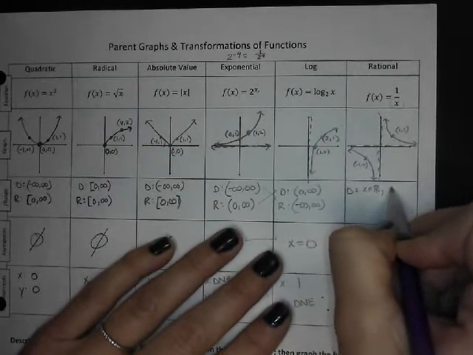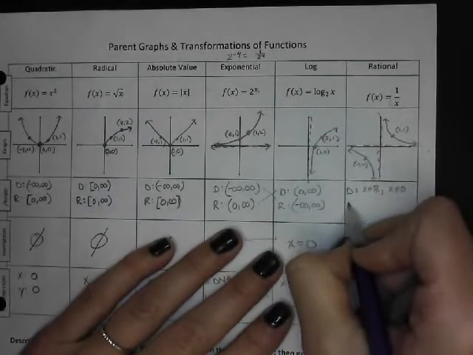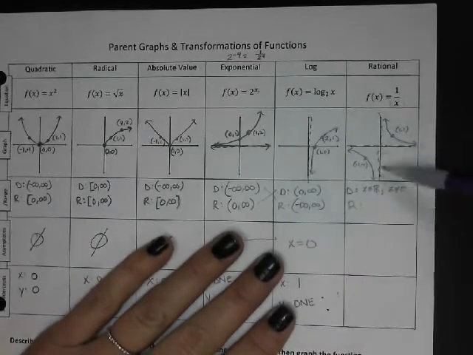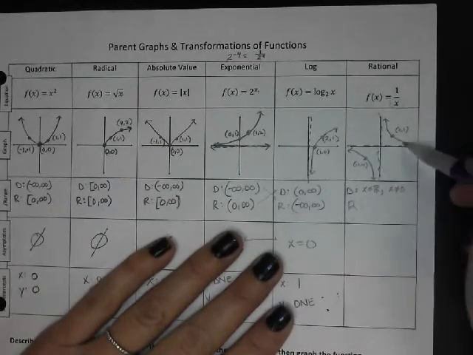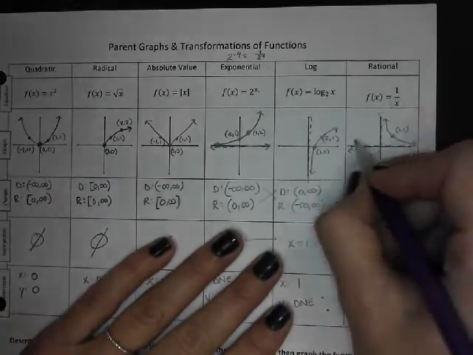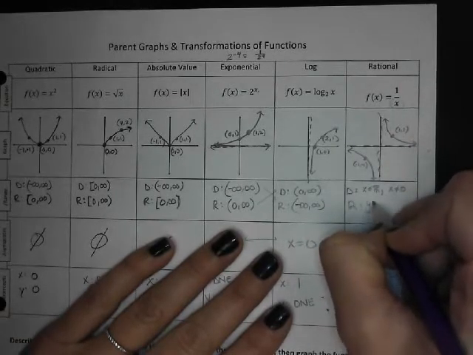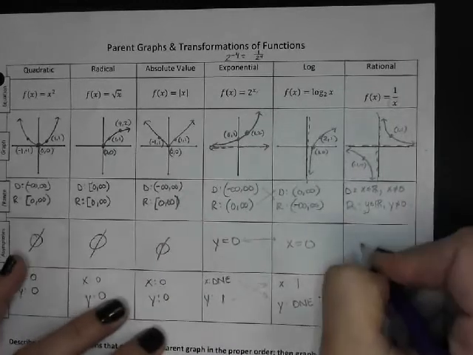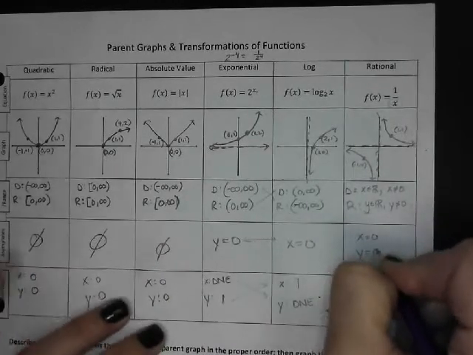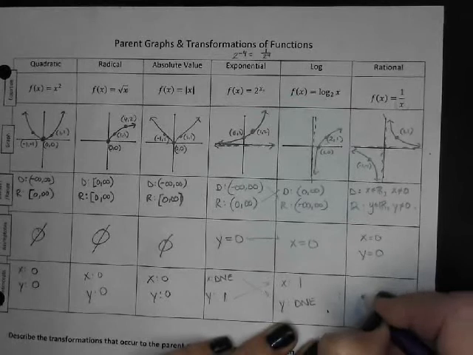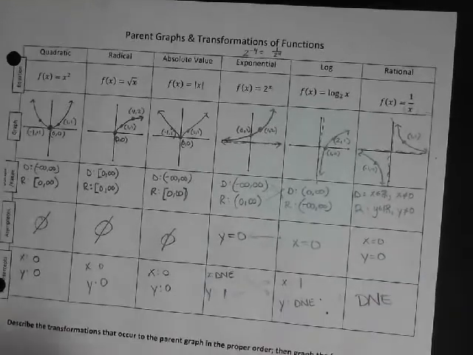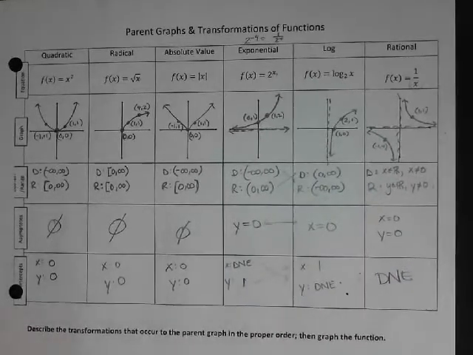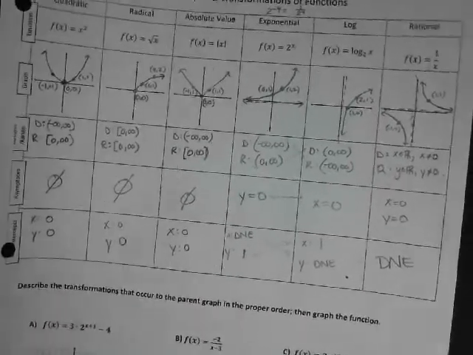X can be any real number except x cannot equal 0. And your range, same thing. All real numbers except you'll never have a y coordinate of 0. Asymptotes, you have 2 of them. And intercepts do not exist on the parent graph. Obviously, all of these things change once you start shifting, stretching, compressing, flipping, reflecting, all that stuff.